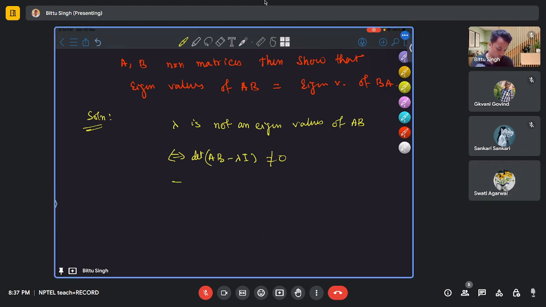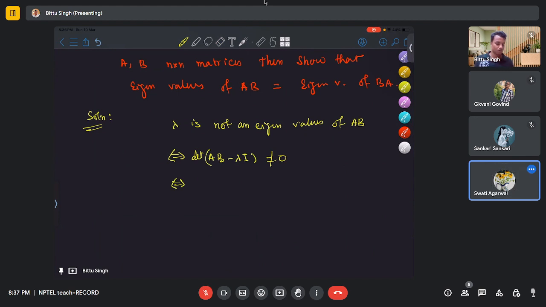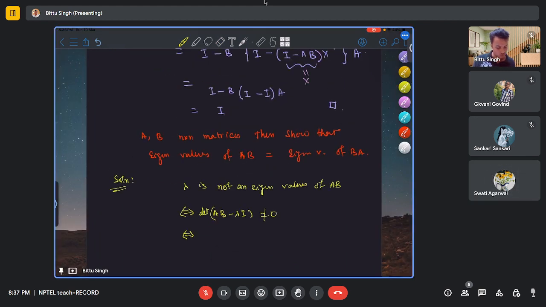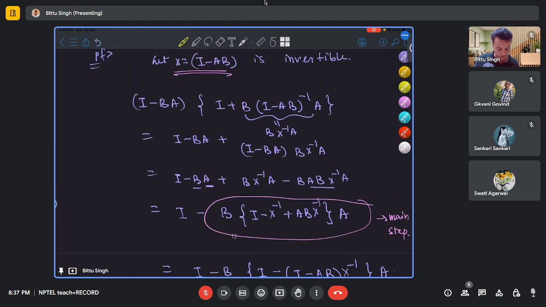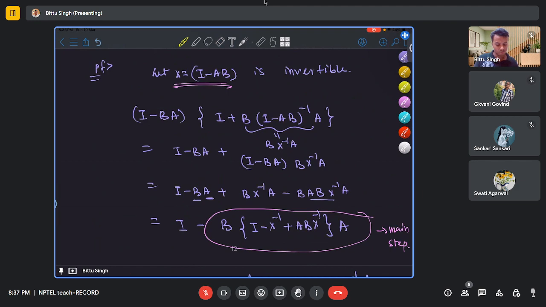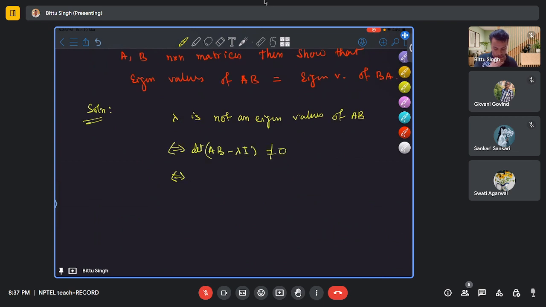So now we can use this fact. Eigenvalue of I minus AB, determinant of I minus AB. If we use this fact, actually we can conclude that determinant of BA.